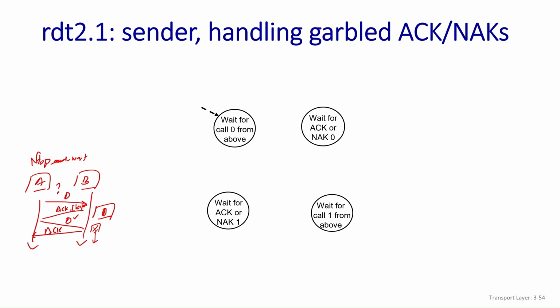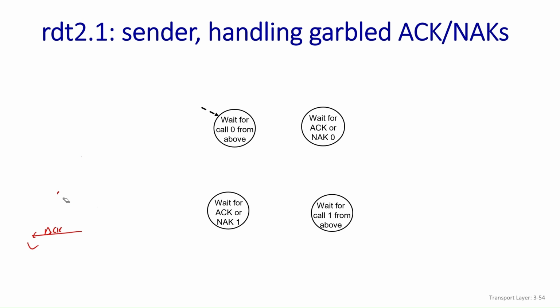Okay, if you're clear about this, let's move to this finite state machine diagram to understand it. Now we are in the state wait for call zero from above.